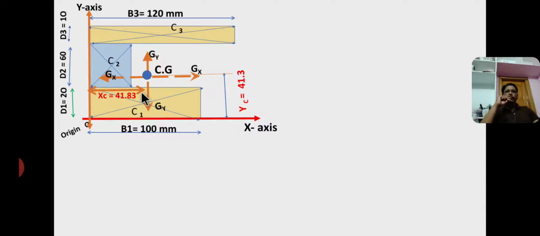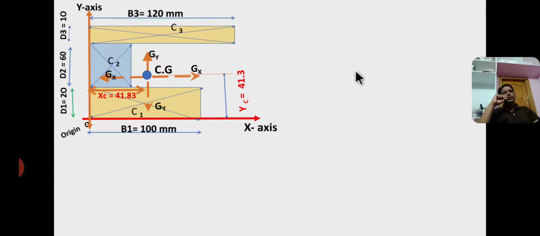Therefore, here I am drawing the GX axis and GY axis at the centroid. These are the centroidal axes. Okay, GX and GY axes are called centroidal axes. These centroidal axes pass through the centroid or center of gravity.